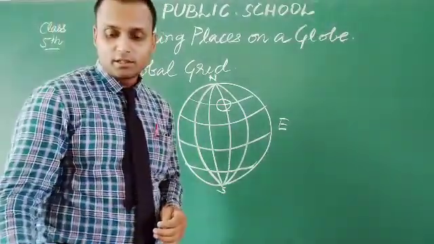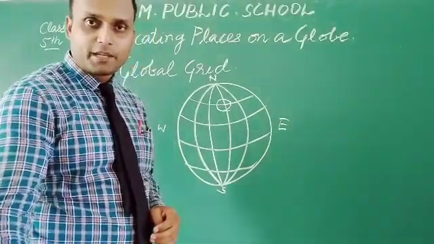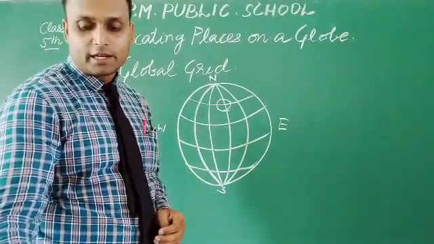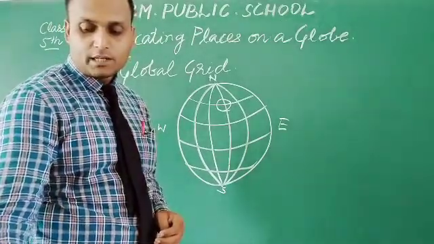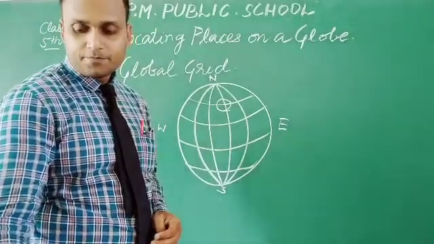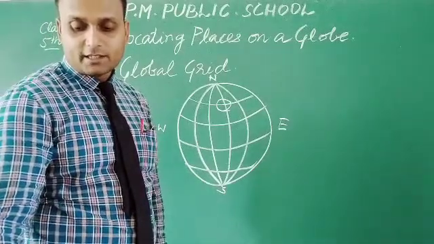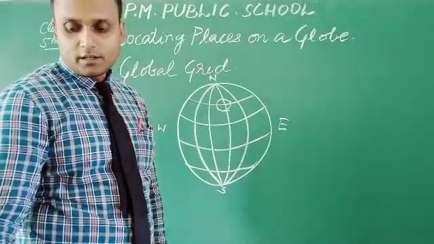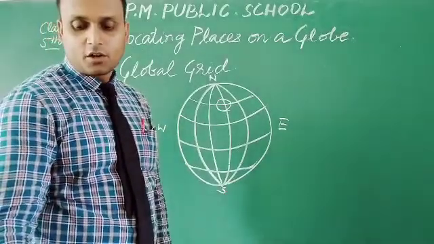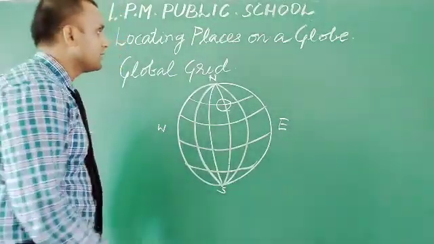According to the book, the global grid is used to give the exact location of a place. This is done by finding out the value of the latitude and longitude that intersect at the point where the place is located. For example, New Delhi is located at the intersection of latitude 28.6 degrees north and longitude 77.2 degrees east.